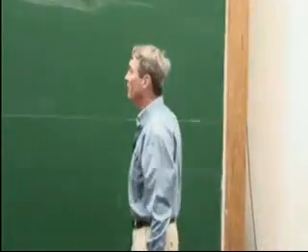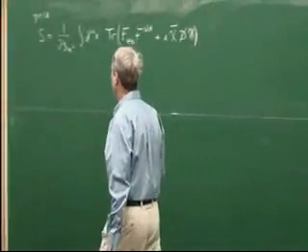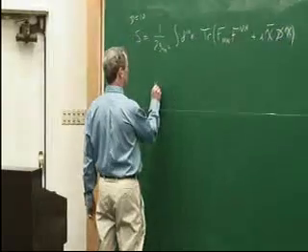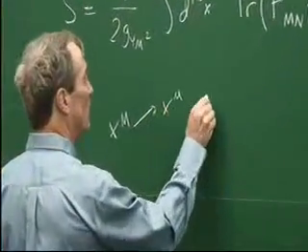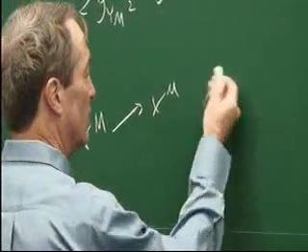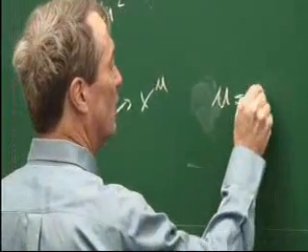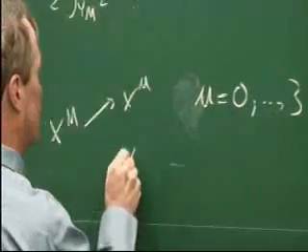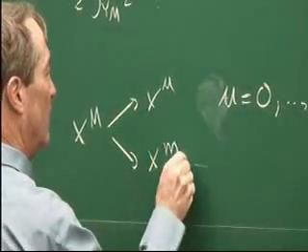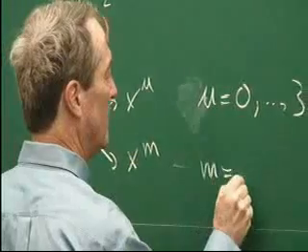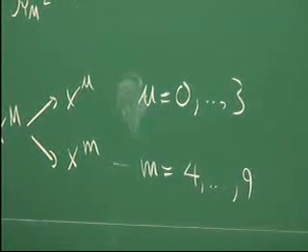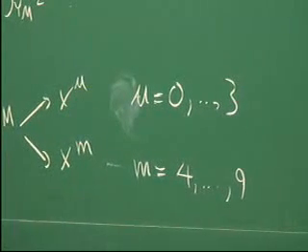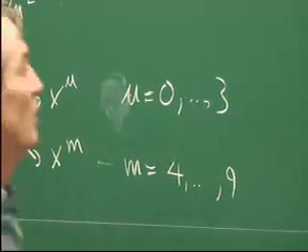But now to get to the theory we're interested in, we just dimensionally reduce. So we split x^M into x^μ for μ=0 through 3, and x^m for m=4 up to 9. And so d^10x just becomes, we just ignore the dependence of the fields on these 6 coordinates we don't want.